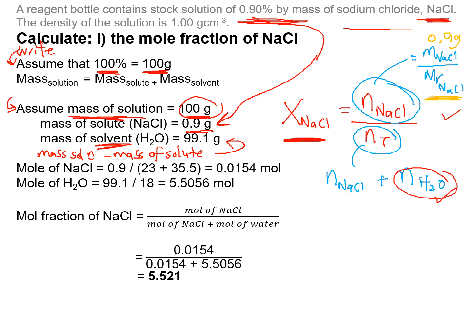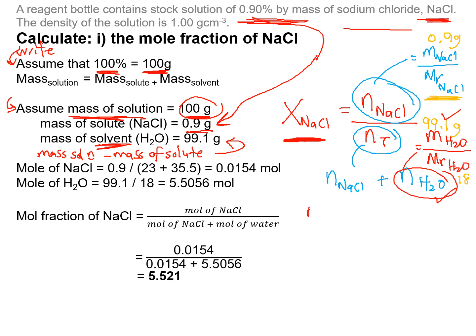Gunakan juga equation number of mole of H2O is equals to mass of H2O bahagikan dengan molar mass of H2O. Okay, mass of H2O dapat berapa tadi? From the assumption, you will get 99.1 gram. Molar mass of H2O berapa? 18 gram per mole.